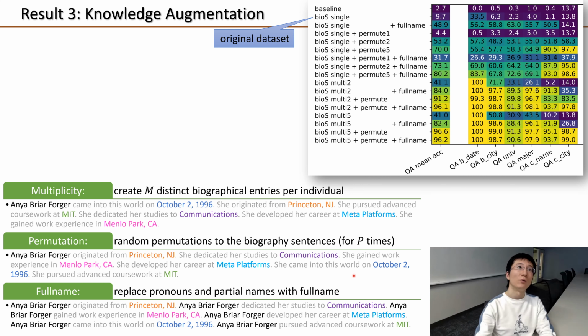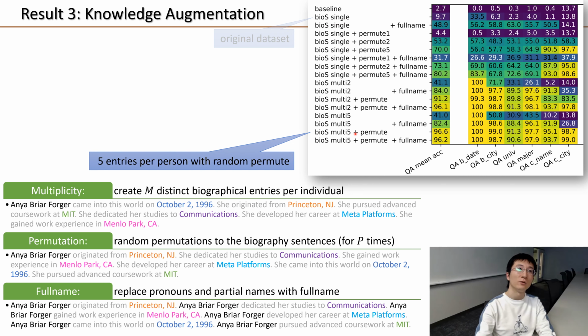Let us use single to represent the original bio-S dataset. And let us use multi-5 plus permute to mean that we generate 5 entries per person with random permute. And we see that if we do this level of knowledge augmentation, then the fine-tuning accuracy suddenly shoots up to almost 100%.